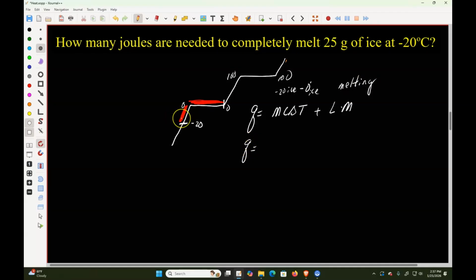So the mass is 25 grams. The specific heat here is 2.01.